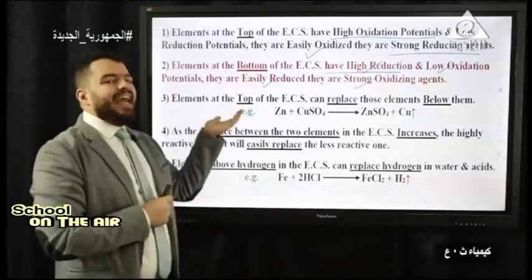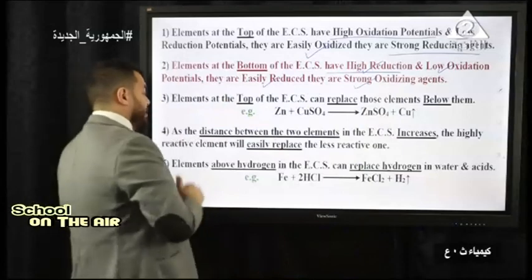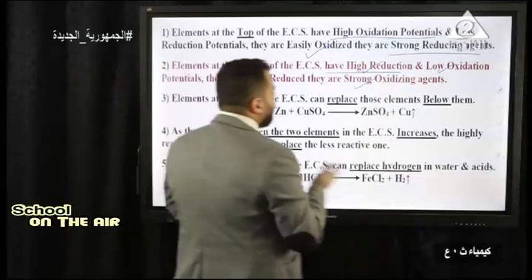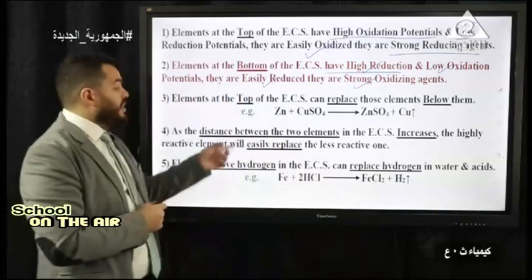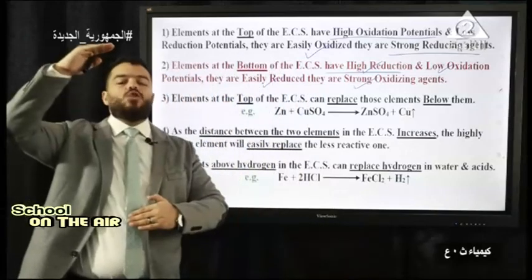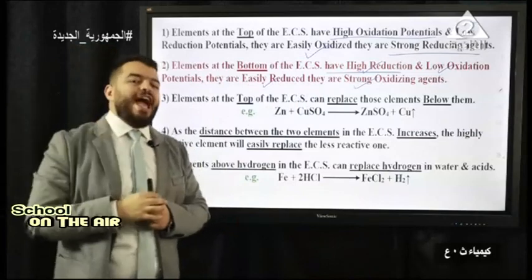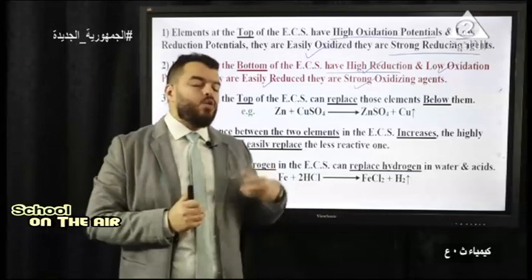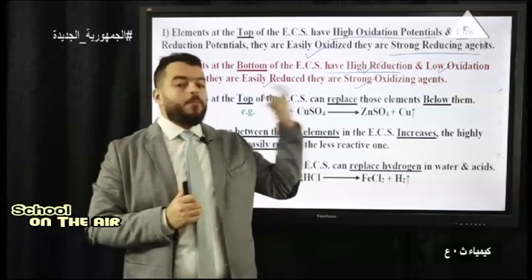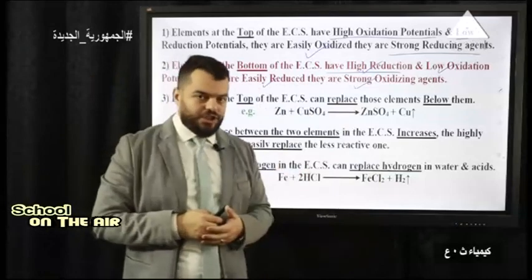Elements at the top can replace elements which are below them, and elements at the top can replace hydrogen in water and in acids. And as the distance between the two elements increases, the replacement will be faster and stronger, and the electromotive force obtained from this galvanic cell will be higher and larger.